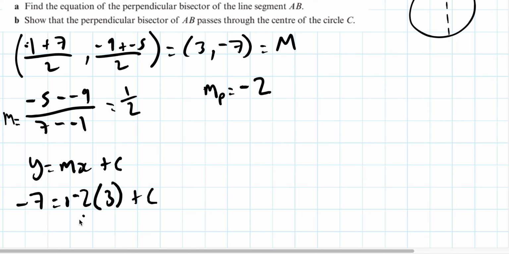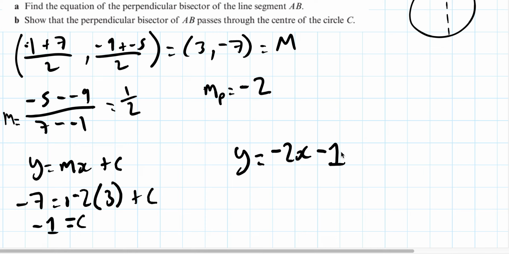Rearrange that: c equals minus 7 plus 6, which equals minus 1. Therefore, the equation of my line is y equals minus 2x minus 1. Okay, so that's the perpendicular bisector.